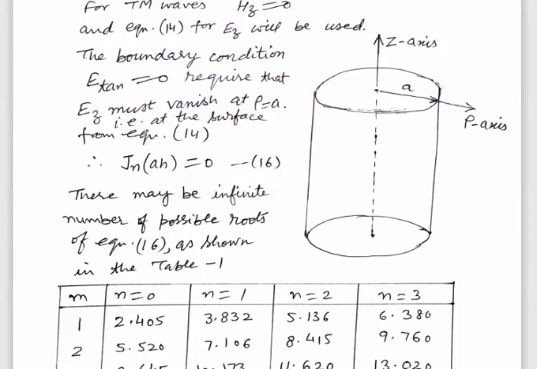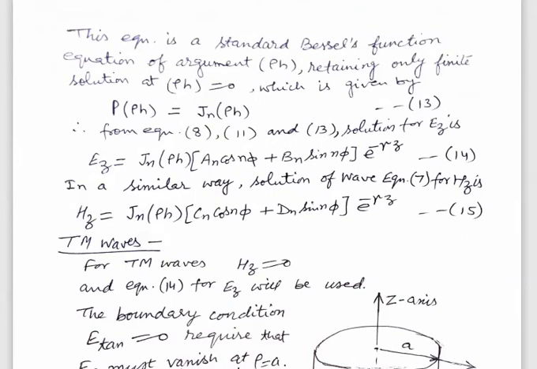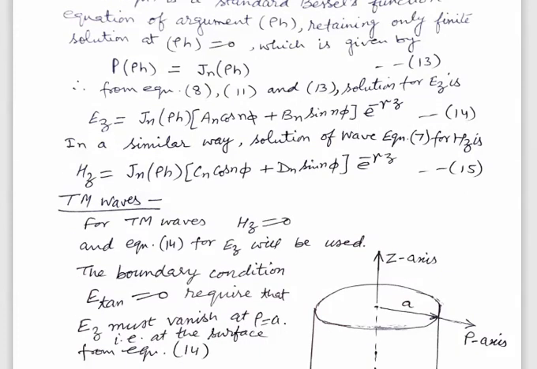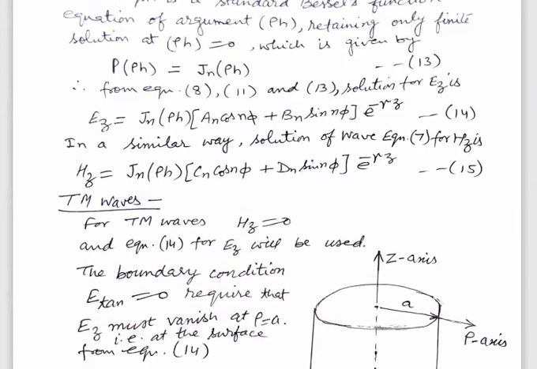From equation number 14, for Ez to vanish at rho equal to a, where a is the radius of the cylinder, when we put rho equal to a, only the Jn of rho h term contains rho, so the value of Jn of rho h becomes Jn of ah.